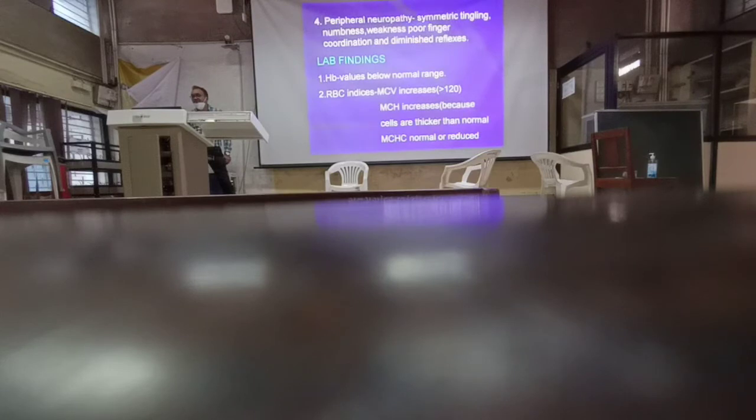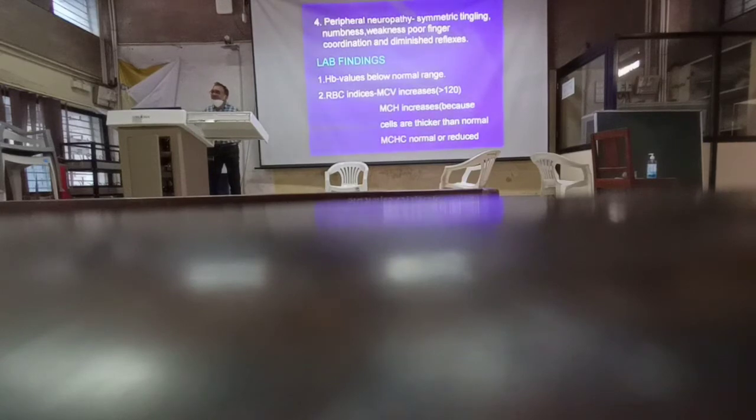peripheral neuropathy. What are the lab findings? Hemoglobin values below the normal range, red cell indices, MCV increased to more than 120. This is the very crucial investigation in case of vitamin B12 deficiency. MCV more than 120, unless proved otherwise, it is more likely that this patient has vitamin B12 deficiency.